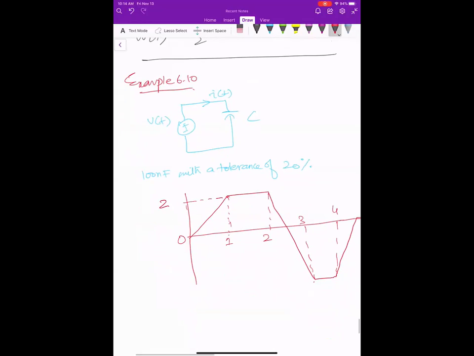First of all, you need to tell me, if the capacitor is of 20% tolerance, what values should I take to find the current? 20% tolerance means what is the maximum, the worst values of the capacitors?